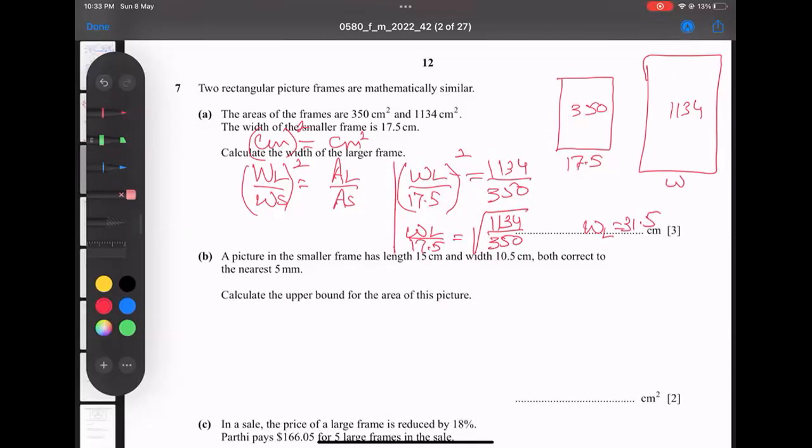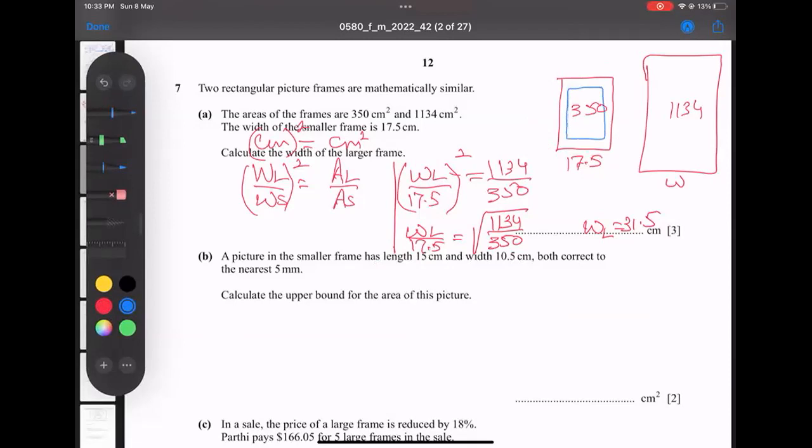Now the next part. The picture in the smaller frame has a length of 15 and a width of 10.5. Inside the frame there is a picture, which I can show you in a little blue color. So this is the picture inside.